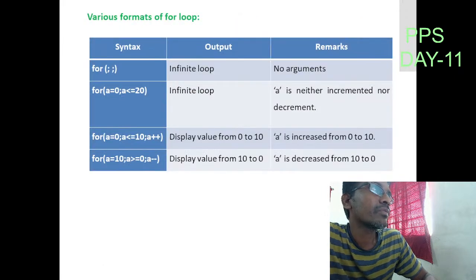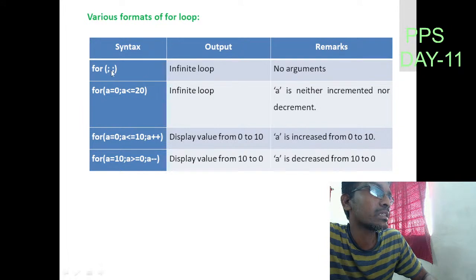These are the various formats of for loops. This is the syntax, but you can also write a for loop like this. For example, if you write for followed by semicolon and semicolon, what happens?